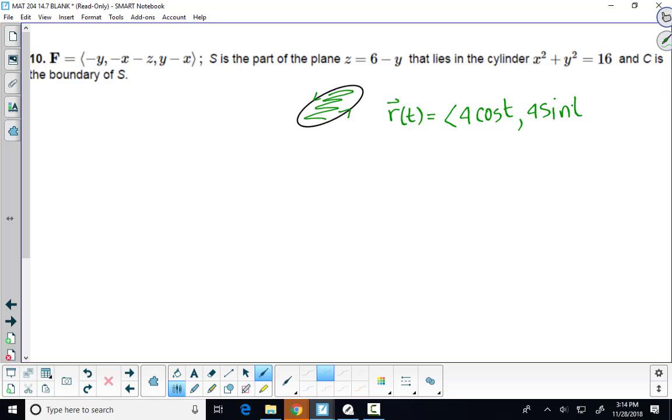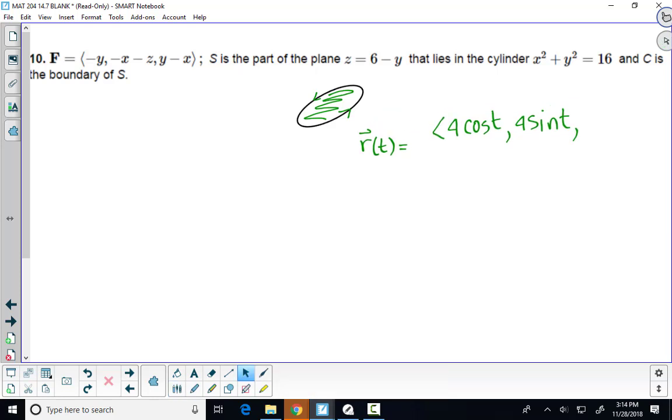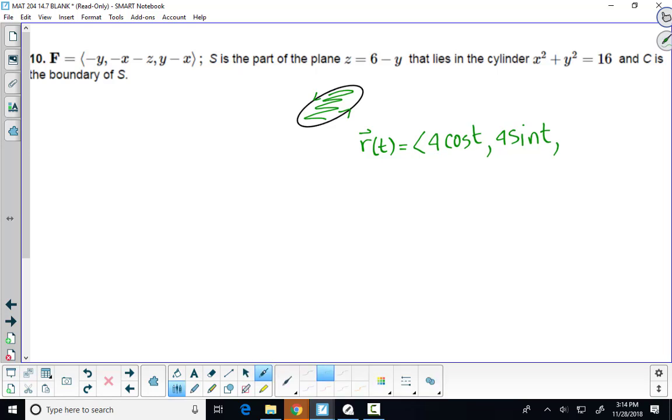This is what x and y are related by, because the tilted ellipse projects down onto a circle of radius 4. So x and y are on a circle of radius 4, but z is then? 6 minus 4 sine t. Yeah, exactly. z is 6 minus 4 sine of t.